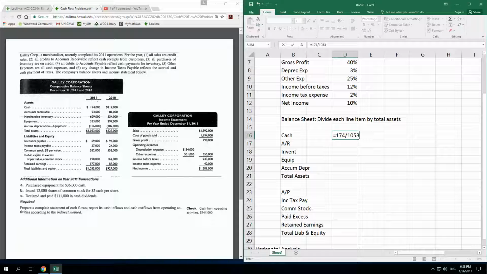I'm taking the 174,000 cash and dividing it by total assets of 1,053,000. So that's 17%. And we're just going to go down the list, and the divisor is always going to be the 1,053,000 in total assets.